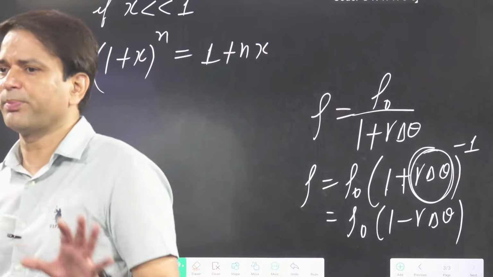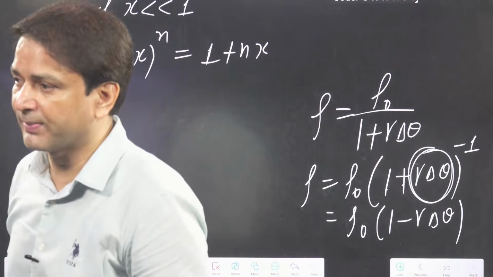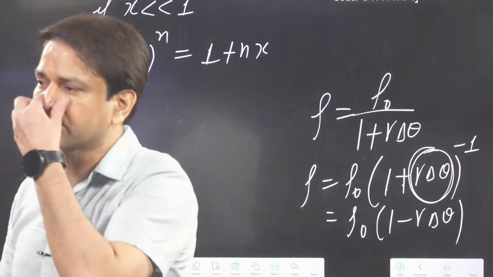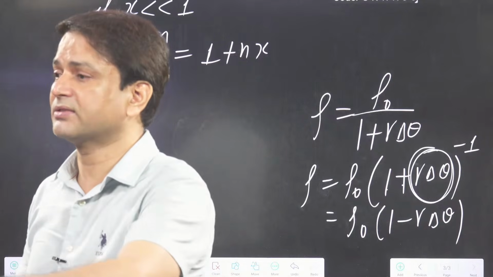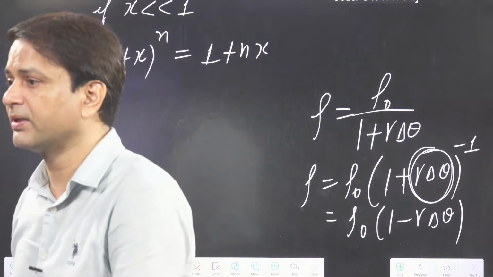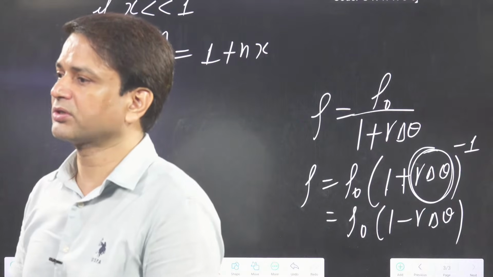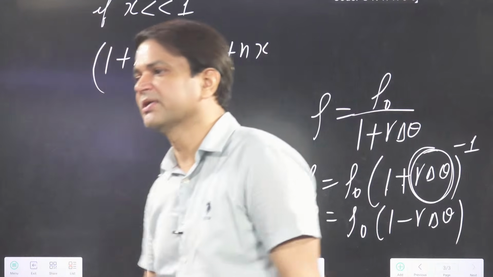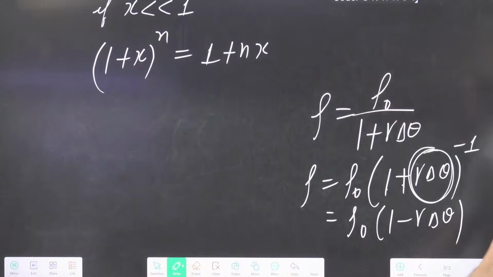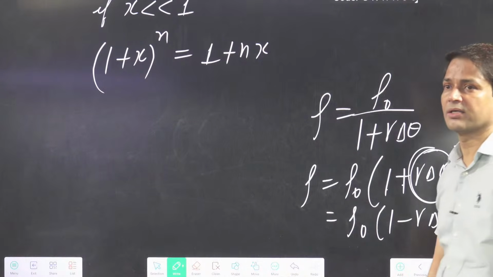So in this type of situation we use this binomial approximation. When 1 plus x to the power n type of function comes, with the condition that x is small in comparison to 1, we can use the approximation 1 plus nx. Yes, higher order terms are neglected because they are very small. Everybody got it?